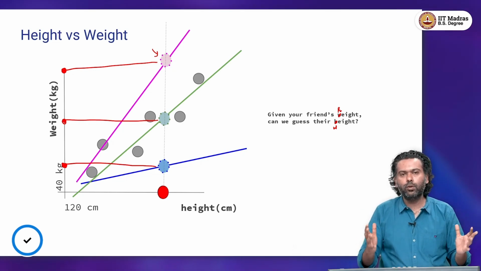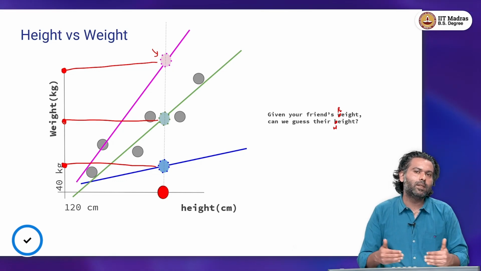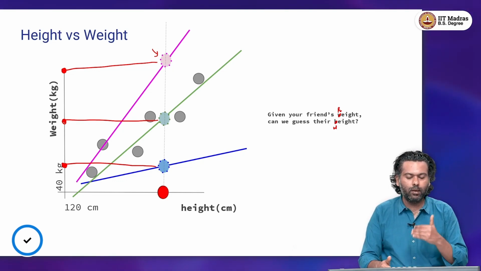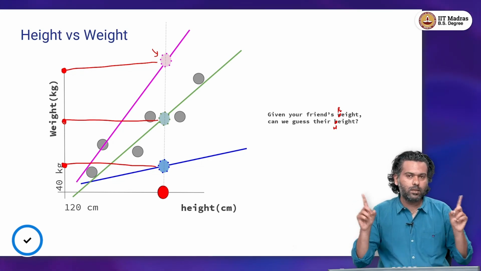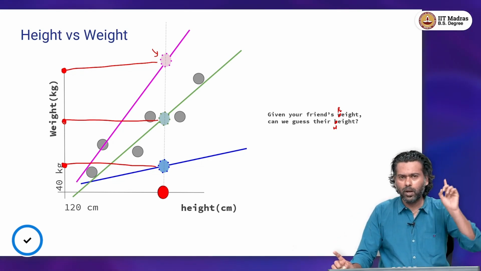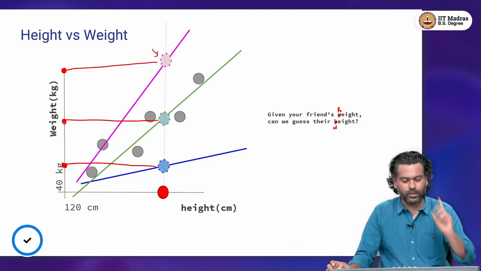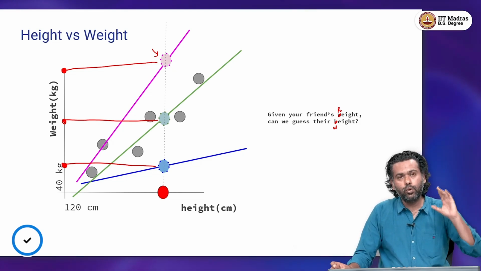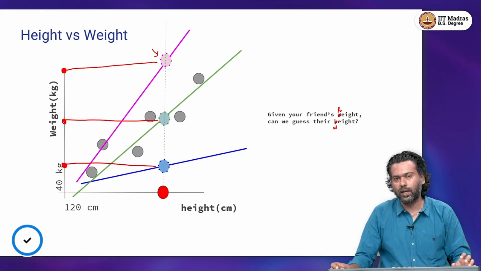Now, I will ask you to pause and think, which of these lines do you think is a better line to predict the weight given the height of your friend? I am not going to answer this here, but I want you to think about this and have a discussion during the live session and give your reason as to why you think this may be the right line.